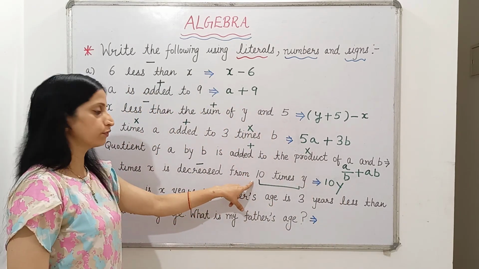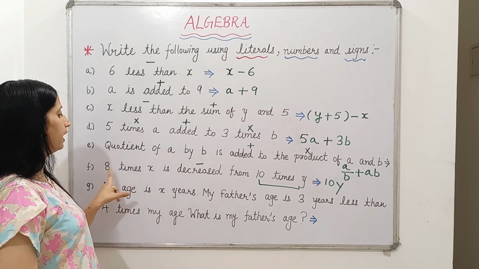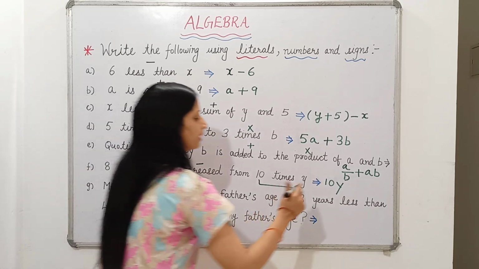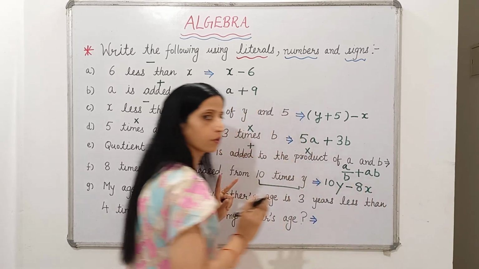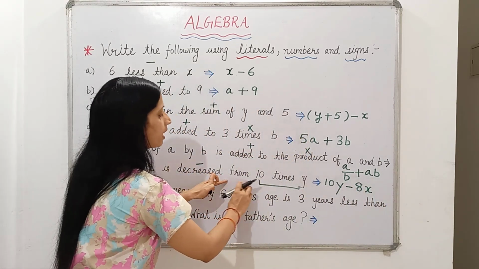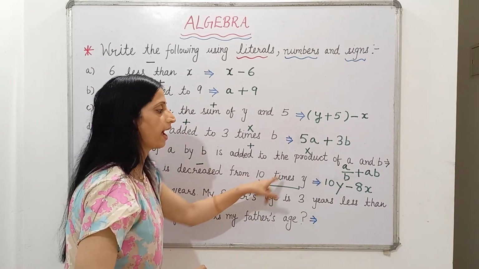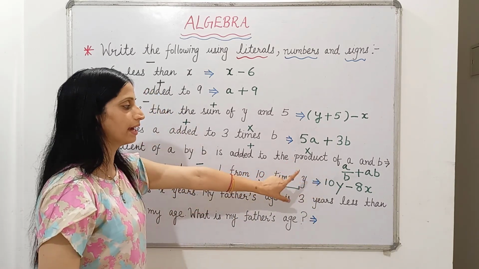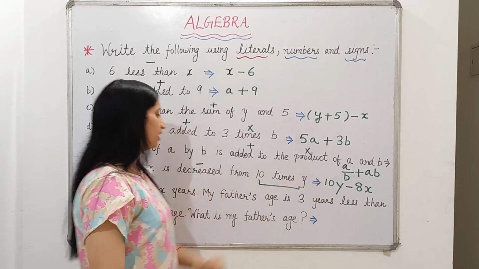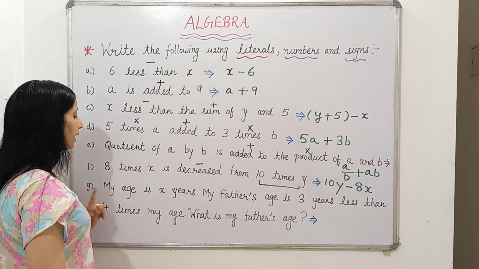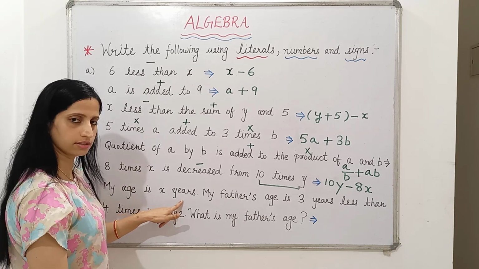From this we have to subtract 8 times x, meaning minus 8x. So always remember that whatever is given after "from", you have to subtract from that. Don't write it as 8x minus 10y. It can be wrong.